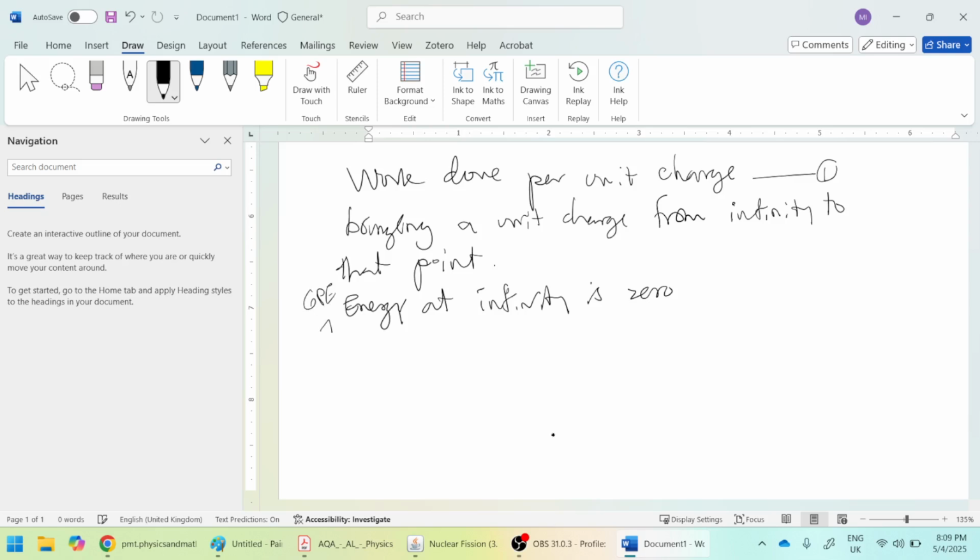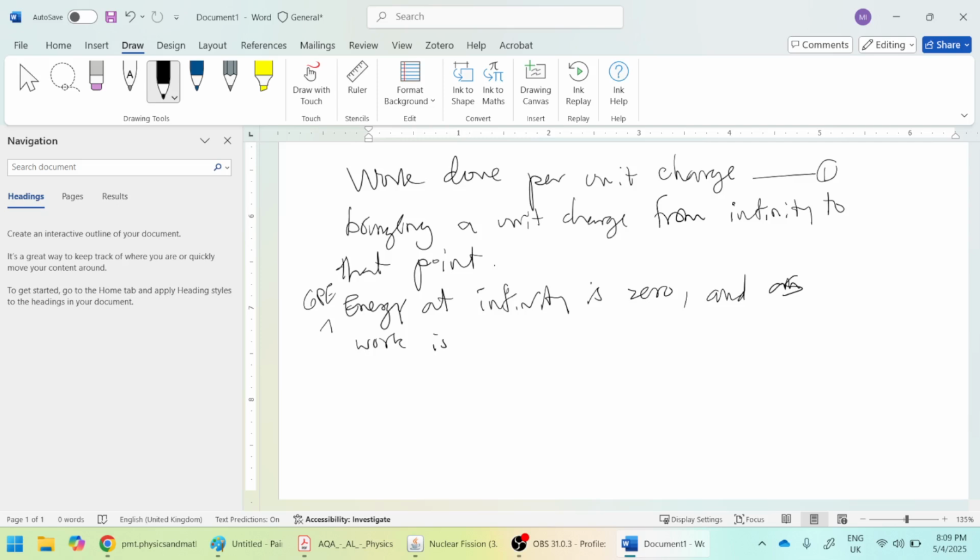That's the gravitational potential energy, okay? At infinity is 0. And, thinking. Work is done against gravity to get to infinity. Negative sign, yeah.